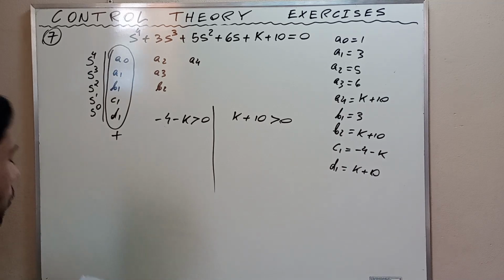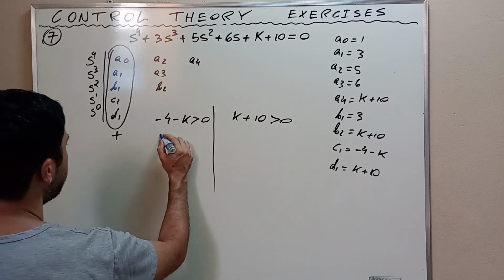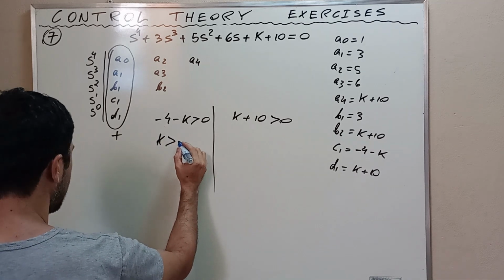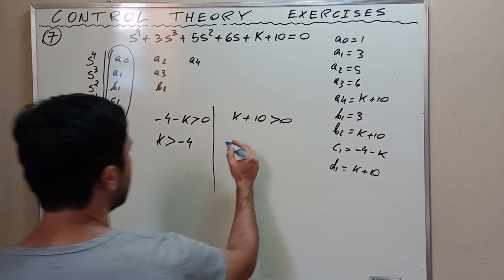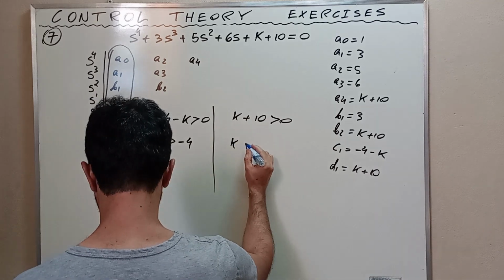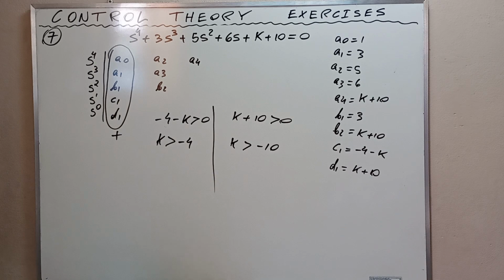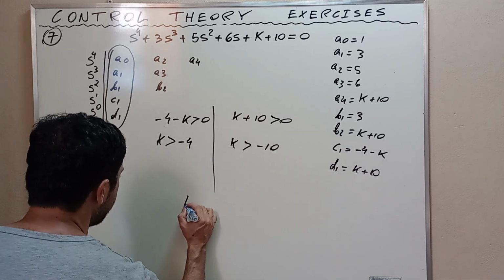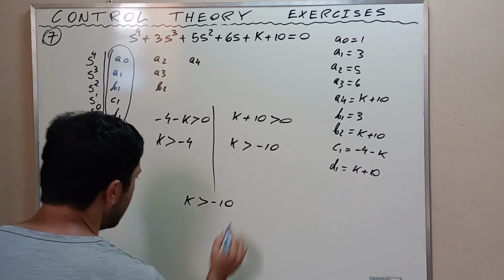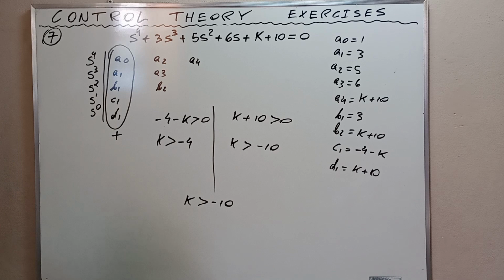In this way, we say that here K has to be greater than -4, and for us here K has to be greater than -10. Okay? And analyzing both results, we concluded that for stability, the final result is this: K has to be greater than -10. Alright, my friends, and this is all for exercise 7.